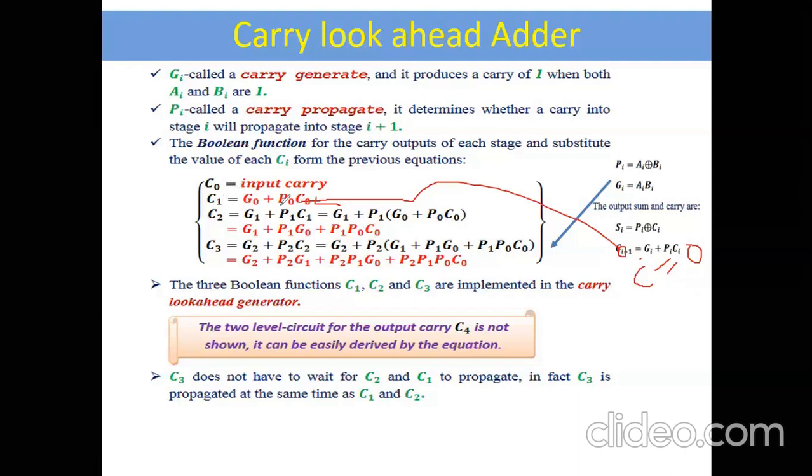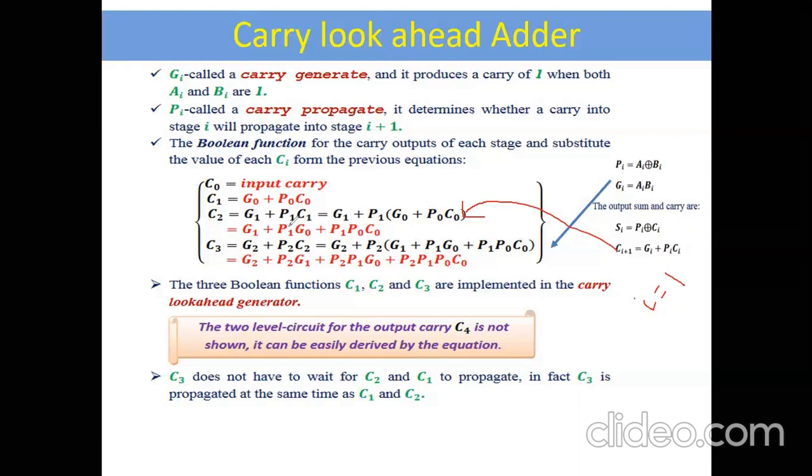Then how to find the carries C2 and C3? In order to find C2 from this equation, we have to substitute i equal to 1. If you substitute i equal to 1, 1 plus 1, what will you get? 2. So C2 equals, with i equal to 1, G1 plus P1 C1.